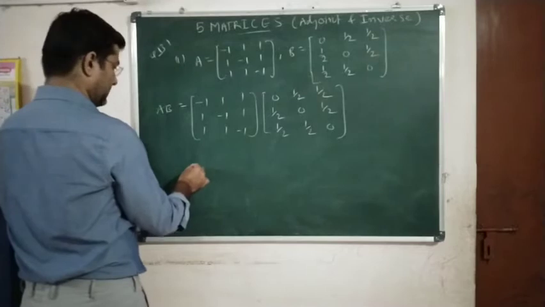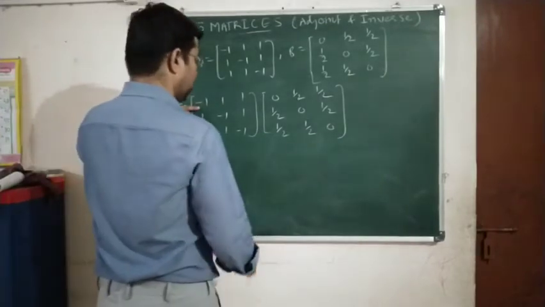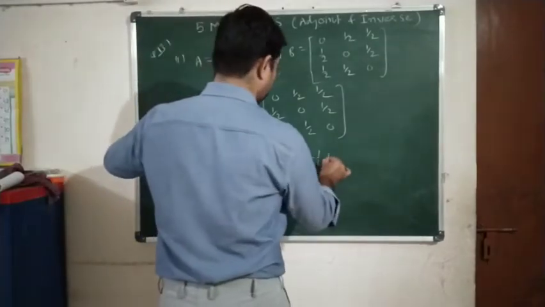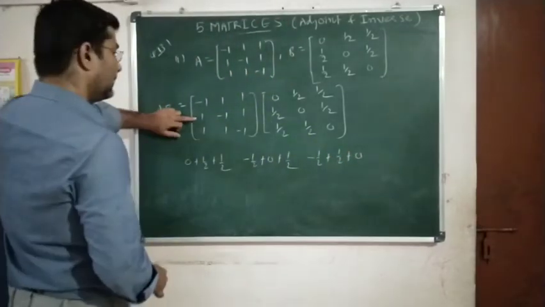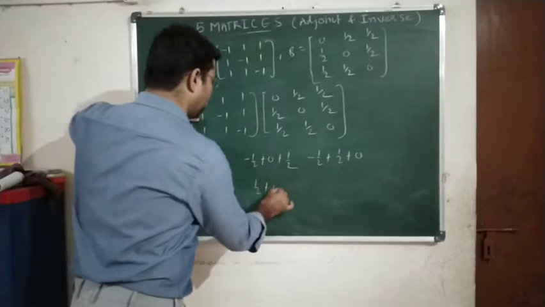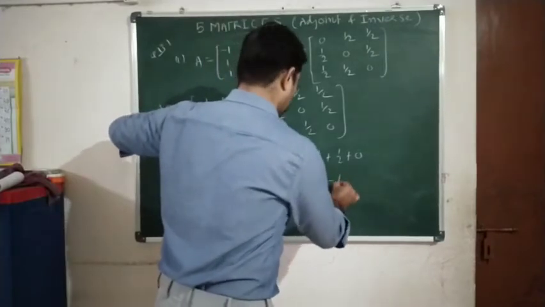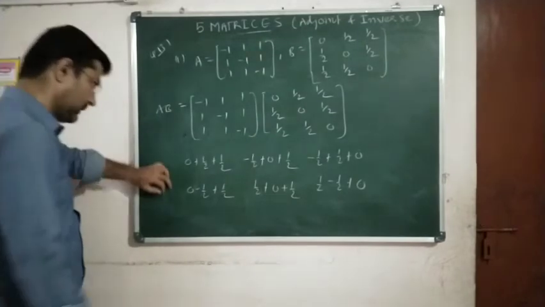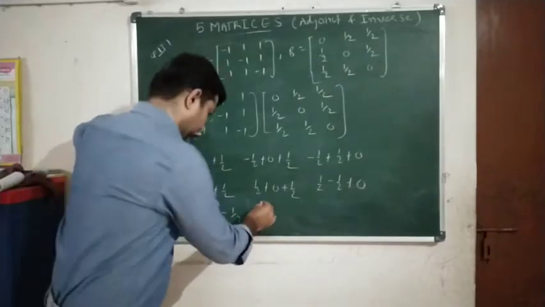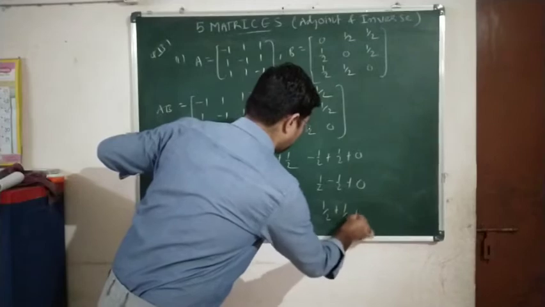Okay, let us multiply. 0 plus 1 by 2 plus 1 by 2, then minus 1 by 2 plus 0 plus 1 by 2, minus 1 by 2 plus 1 by 2 plus 0, again 0 minus 1 by 2 plus 1 by 2, 1 by 2 plus 0 plus 1 by 2, and 1 by 2 minus 1 by 2 plus 0, again 0 plus 1 by 2 minus 1 by 2, 1 by 2 plus 0 minus 1 by 2, and 1 by 2 plus 1 by 2 plus 0.